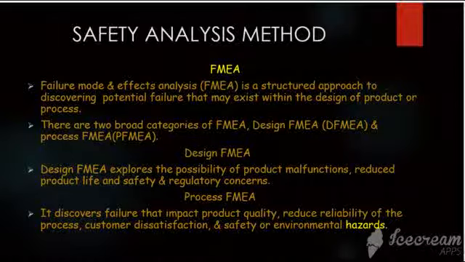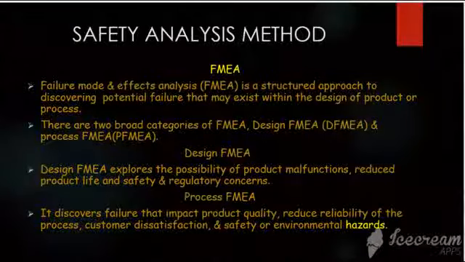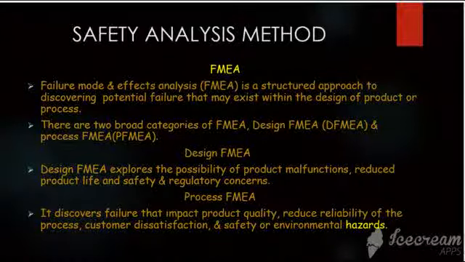NASA scientists thought that if we identify all modes of failure and work on them, then our probability of success will increase. After that, many industries adopted this method, like aerospace, automobile, software, etc.